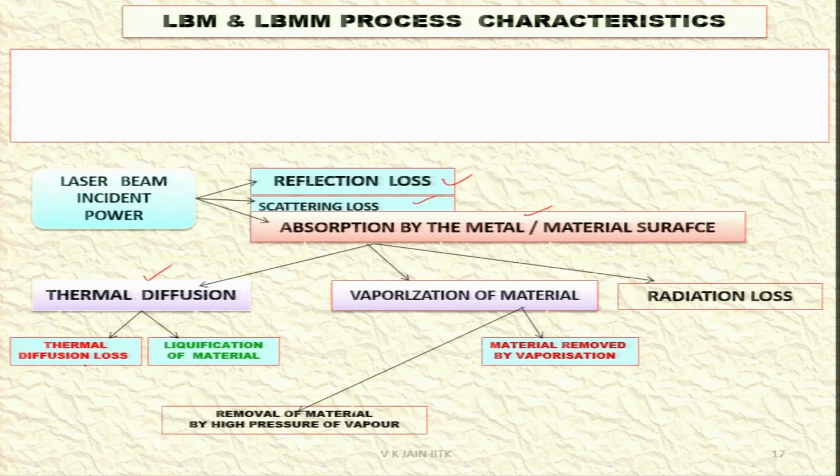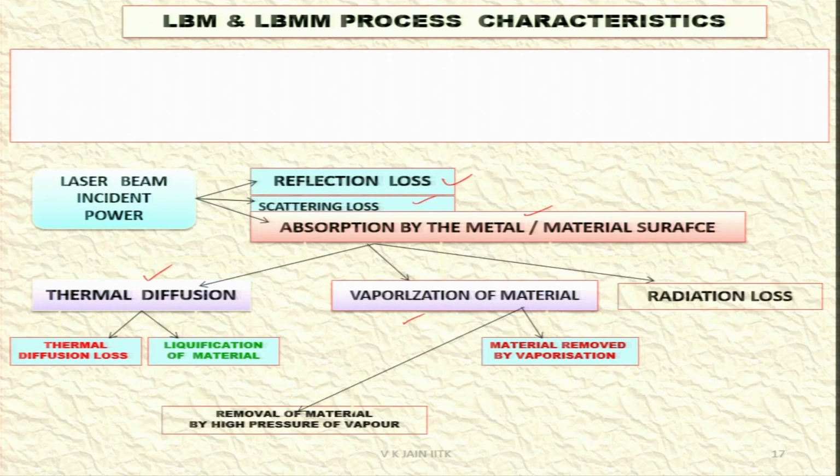So thermal diffusion loss is there, liquefaction of material is there, which is again absorbing the latent heat of melting. Then there is vaporization of the material, so material is removed by vaporization, but removal of material by high pressure of vapor is also there, and then there are the radiation losses.